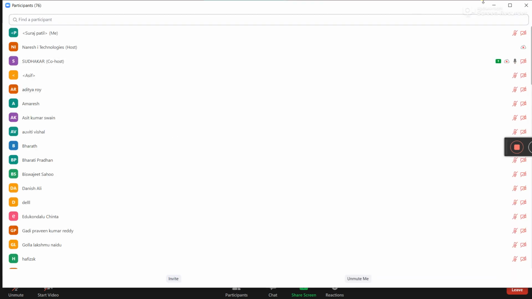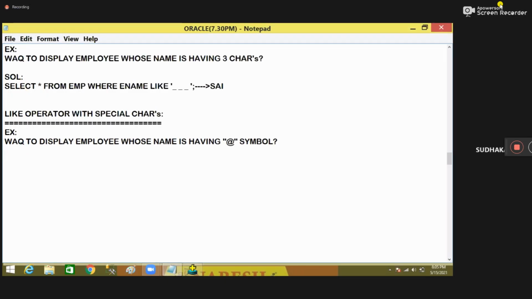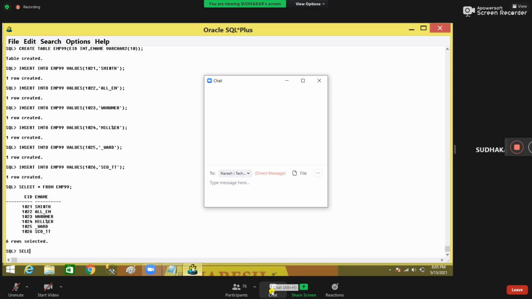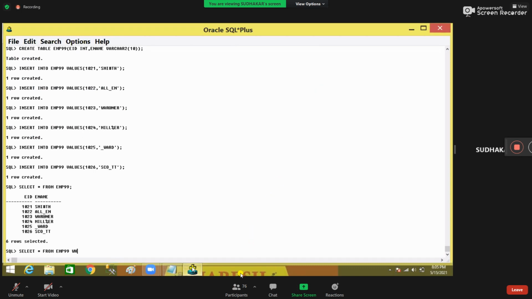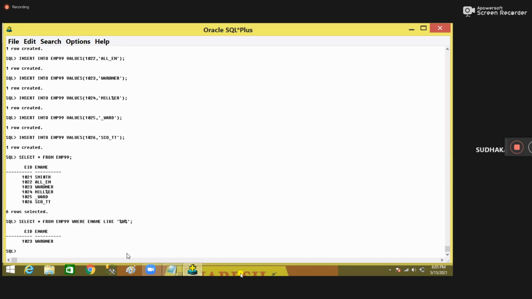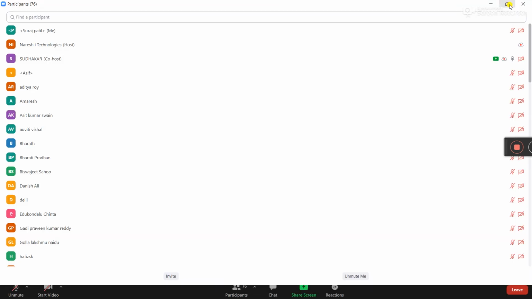Now, how we can write this? Directly we are writing like this. SELECT * FROM EMP99 WHERE ENAME LIKE operator, percentile at the rate percentile. Now execute. So Warner, at the rate symbol name people are coming out, which employee name is having the at the rate symbol.